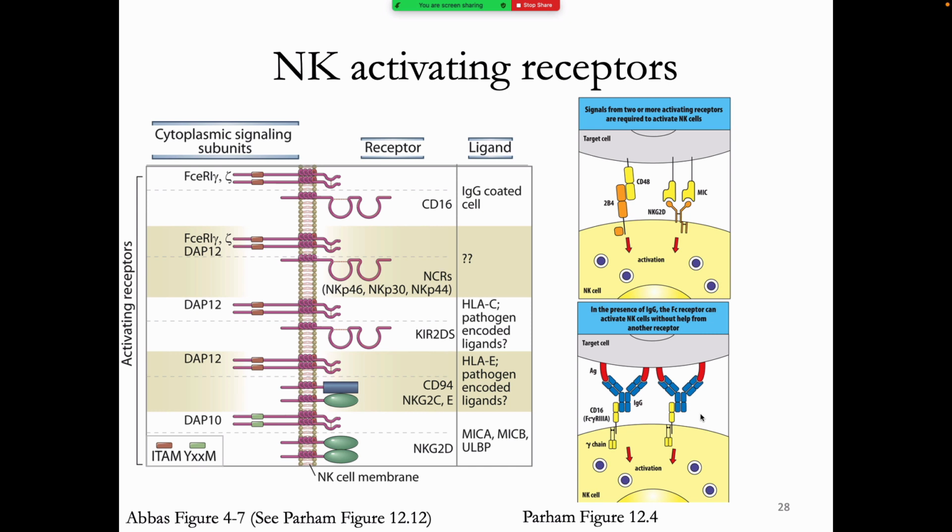What does an Fc gamma receptor bind to, based on the name Fc gamma receptor? Yes, Jamie? An Fc region of an antibody. Specifically what? An IgG. So specifically, an Fc gamma receptor binds to the Fc region of IgG.